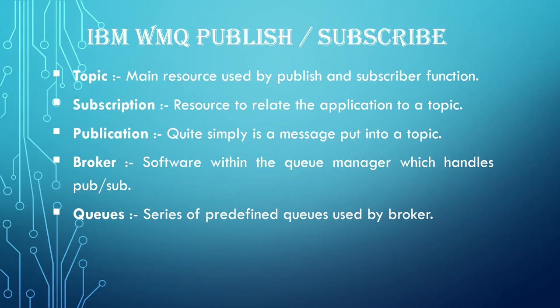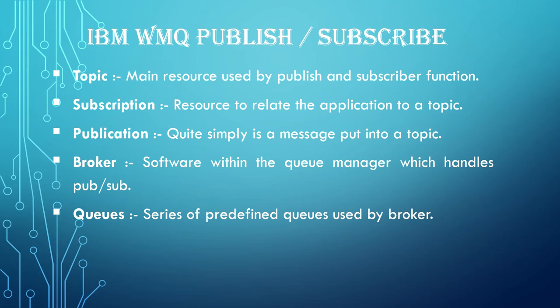So friends, in pub sub we have a few resources that we need to clarify. What is a topic? Topic is the main resource used by the publish and subscribe function. It can be predefined or it can be dynamically defined as an application subscribes to it.